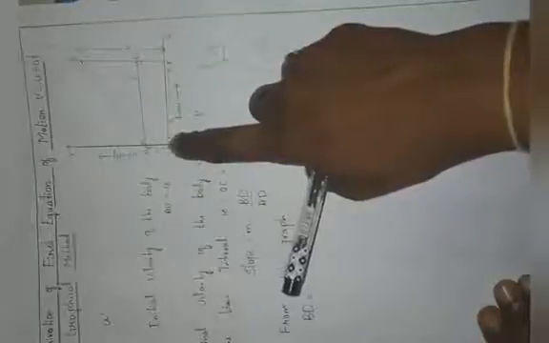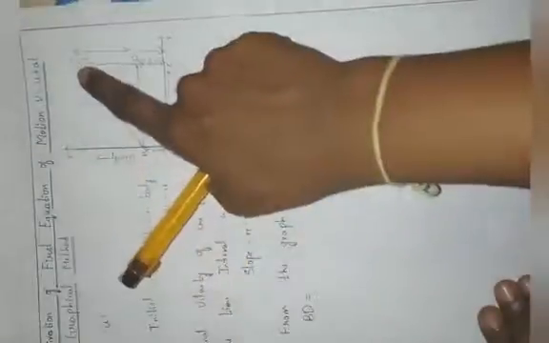So the value of AO will be equal to the value of DC. So the total line BC value is V here and AO value is U. So this AO is parallel to DC, so that the value of DC will be equal to U.